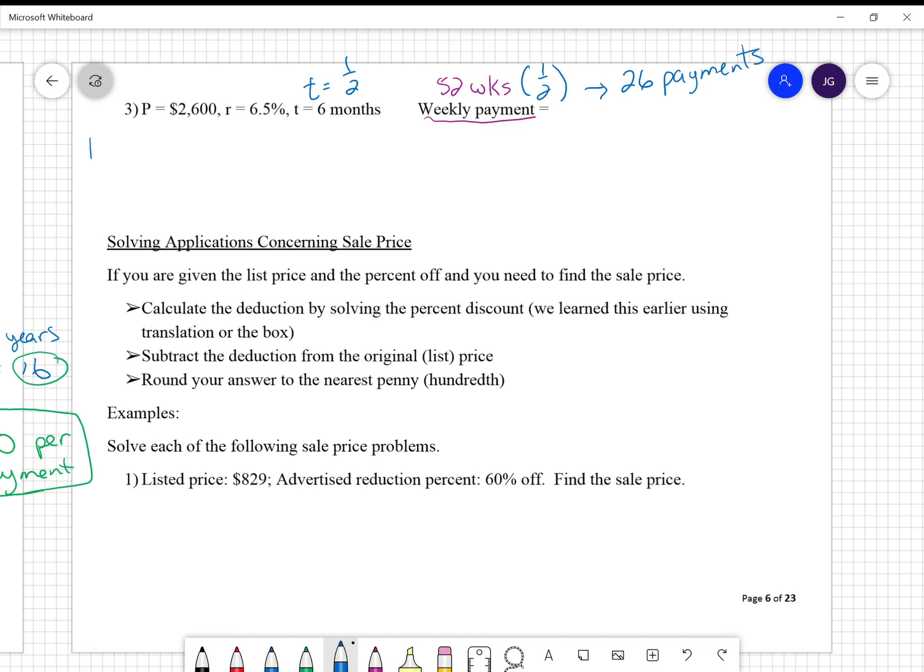All right, so interest equals 2,600 times 0.065 times 1/2, which is 0.5. $84.50.